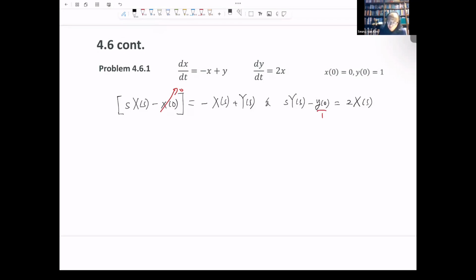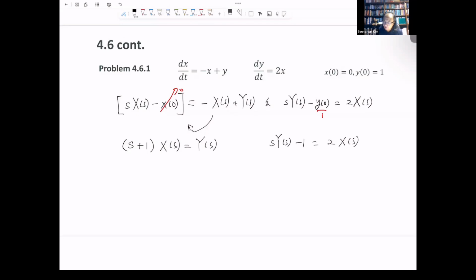I'm going to move this term to this side. Then (s plus 1) X of s equals Y of s. And we have s Y of s minus 1 equals 2 X of s.